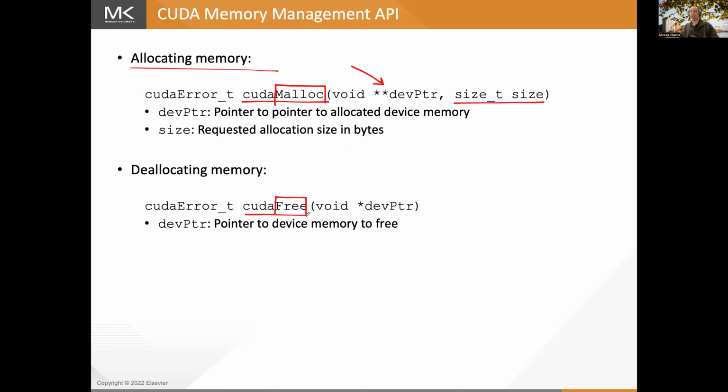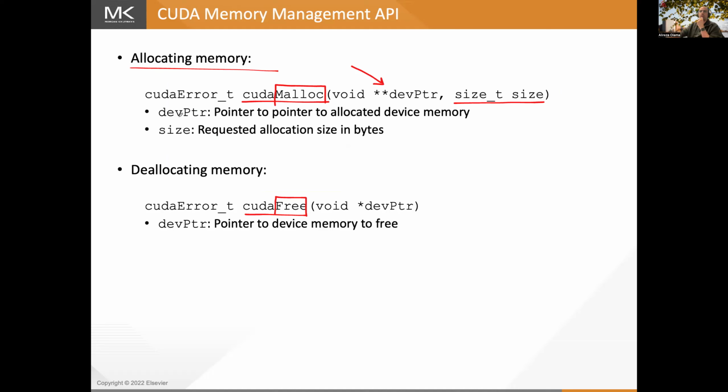So as you can see here, these APIs are quite similar to the APIs that the C language provides. And that's why I mentioned in the assignments that you should manage memory without C++ advanced features like smart pointers.